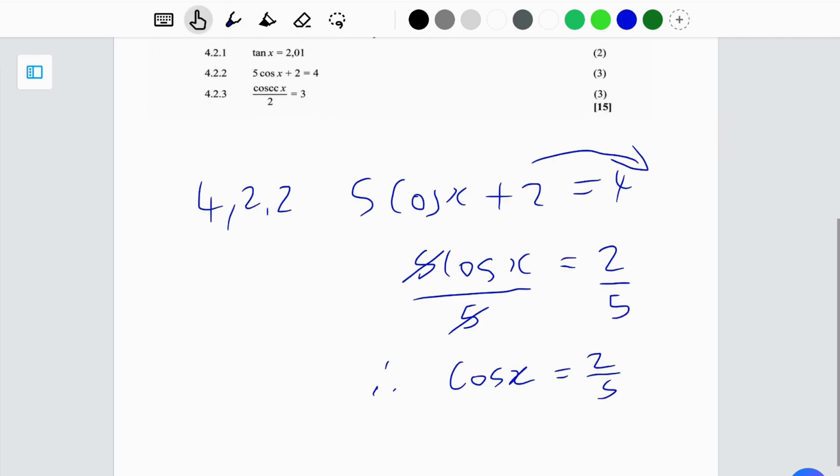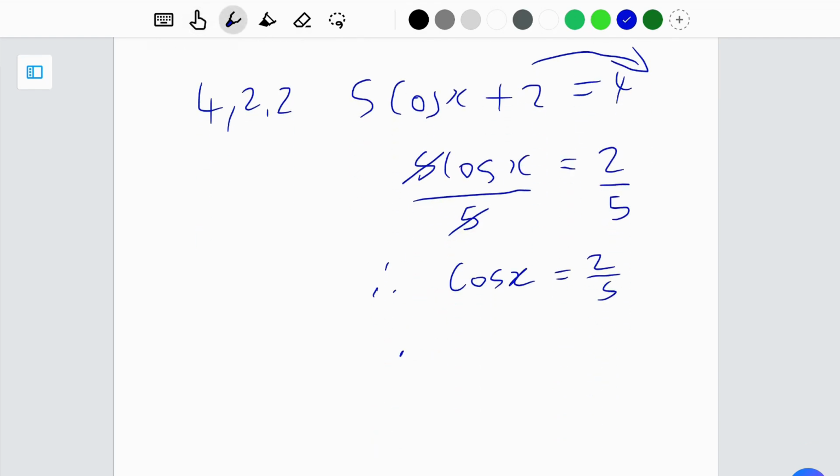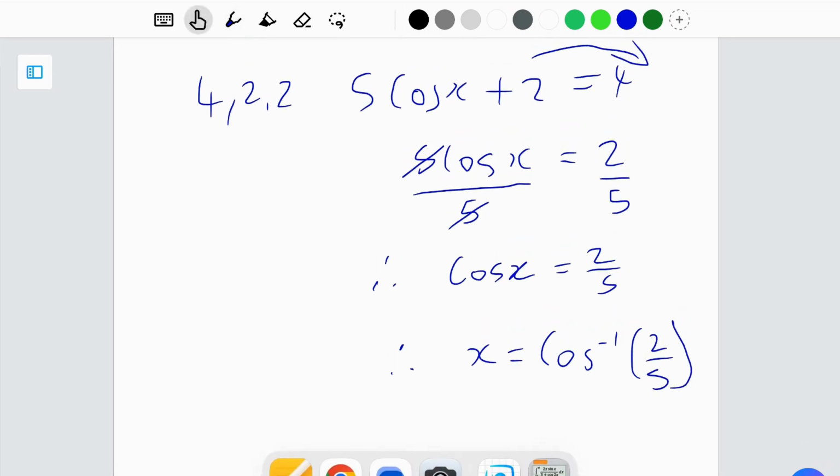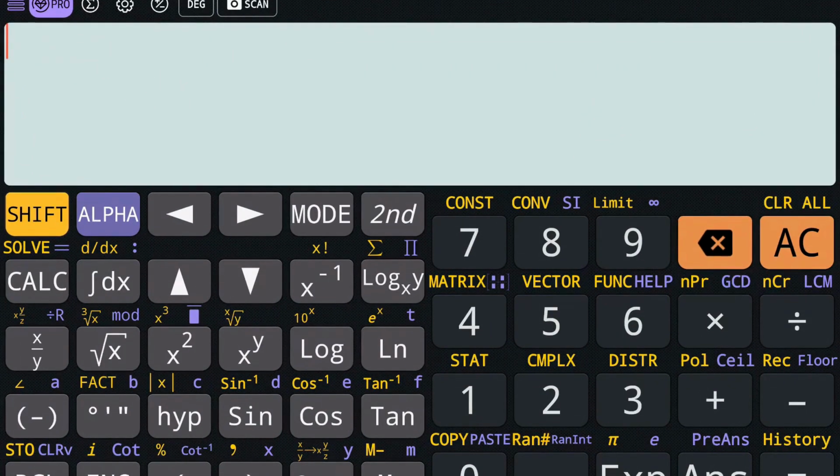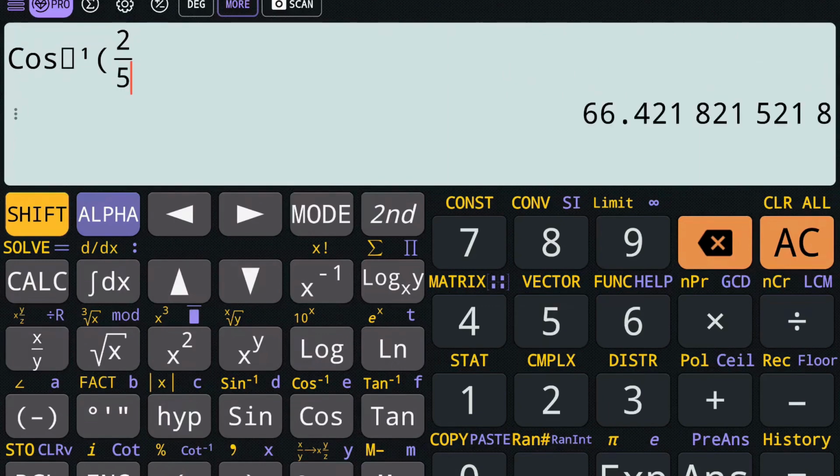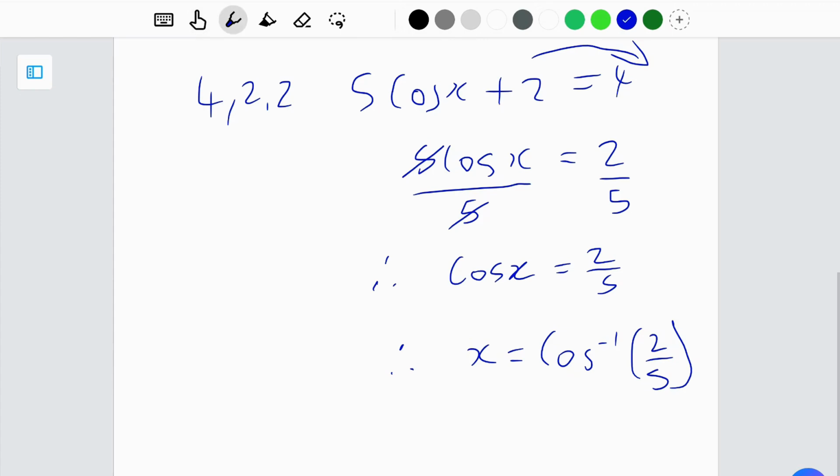And you guys know already what's coming. We're going to say therefore x equals cos minus 1 of 2 over 5. Then we're going to go to our calculators. We're going to say shift cos 2 over 5, and that's going to give you 66.4 degrees, right? They did say to 1 decimal place.